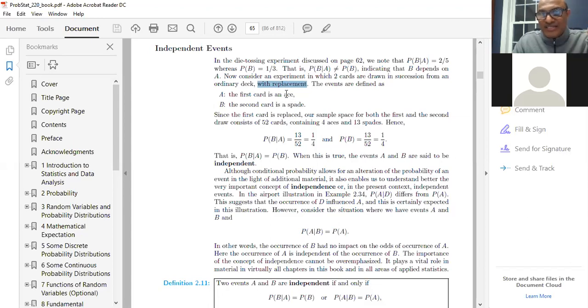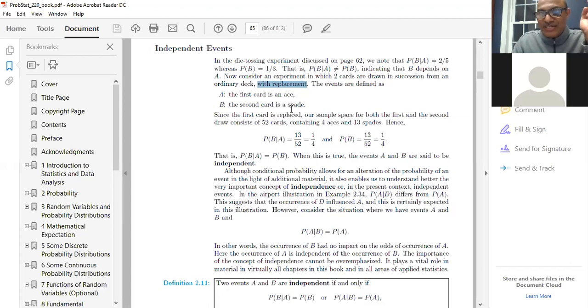Are you getting me, guys? There are 4 aces, but the chosen card, the ace, is a spade. It is already given to you that the second card is a spade, right? That means you have just one card, because one spade ace is there.